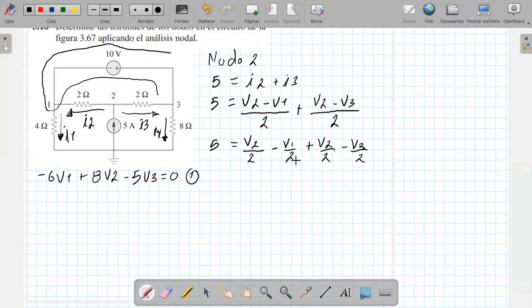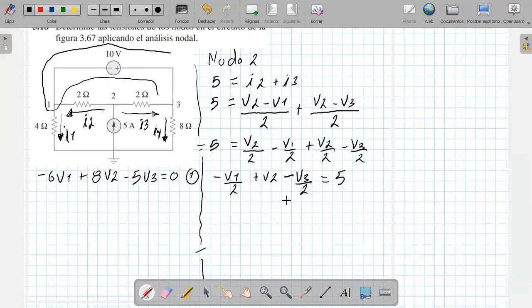Well, let's go here. First the V1. I am only going to divide this here so as not to confuse with this part. I'm going to put minus V1 over 2. For V2 I have a half and a half, so it would be plus V2, and V3 would be minus V3 over 2 is equal to 5.